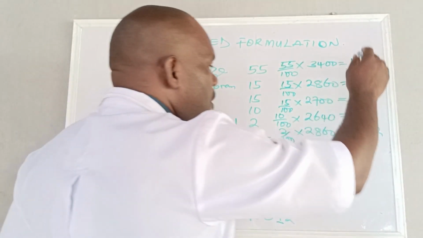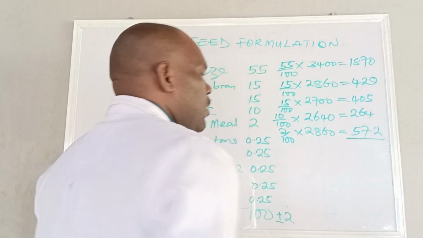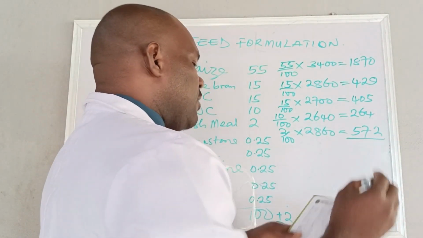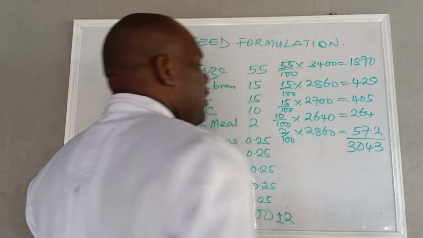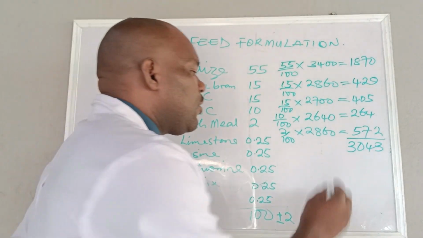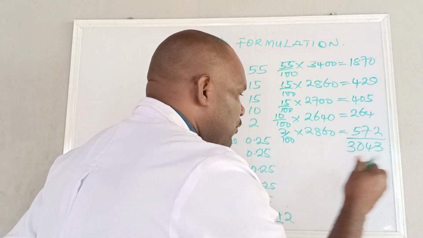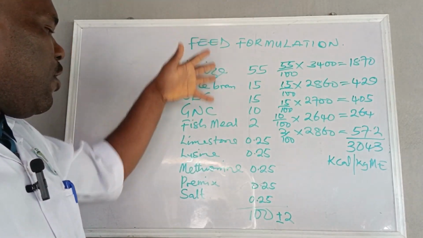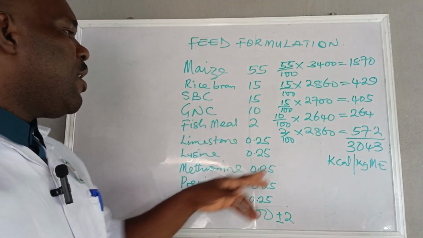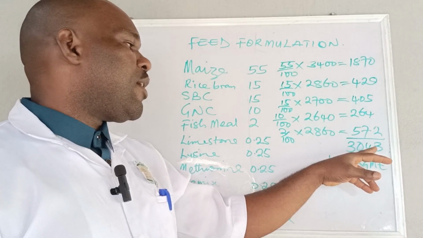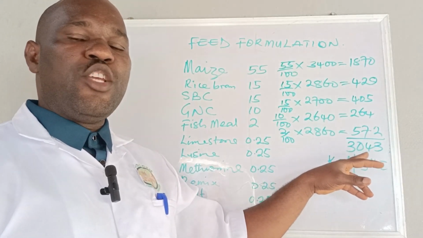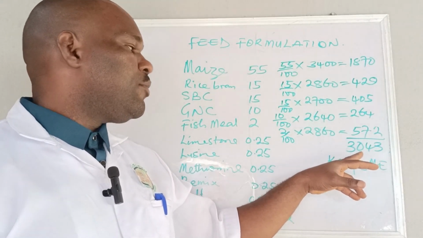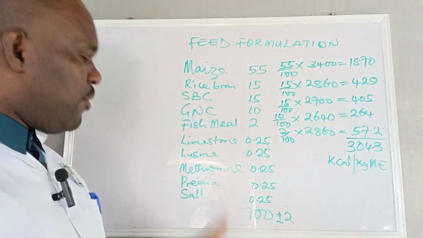If you sum up these values, you will have 3,043. This is the total calculated energy value: 3,043 kilocalorie per kg metabolizable energy.